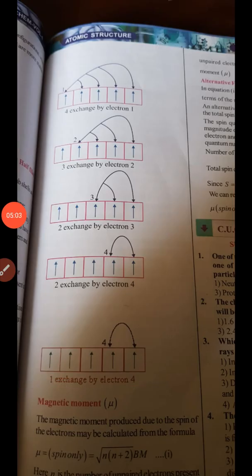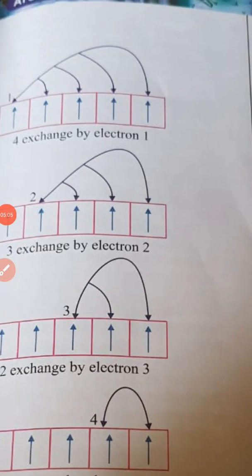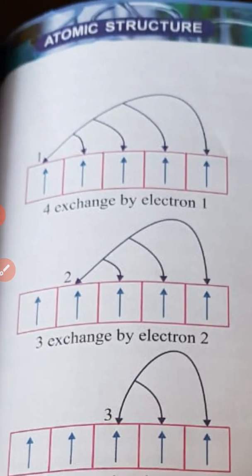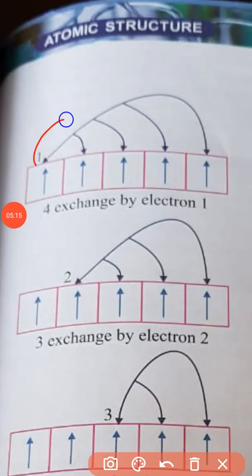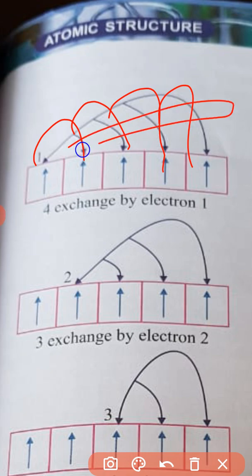Now see this amazing picture. From the first electron, there are 4 exchanges by 1 electron. It can go here, here, it can travel anywhere in these orbitals.